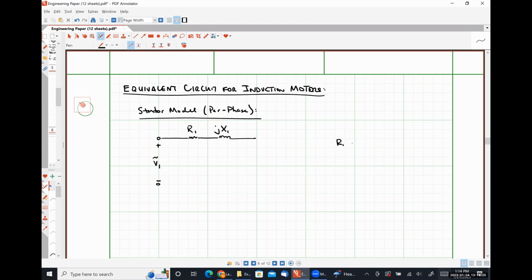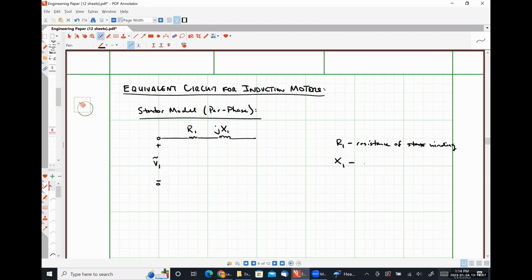R1 is the resistance of one phase of the stator winding, and effectively it represents the copper losses in the coil, just like it did for a transformer.